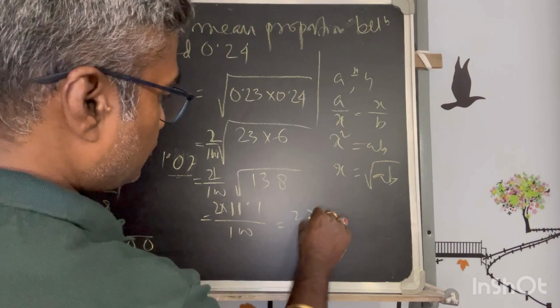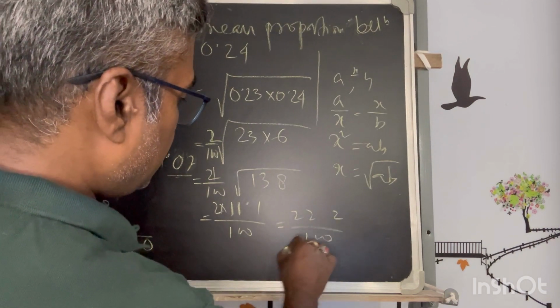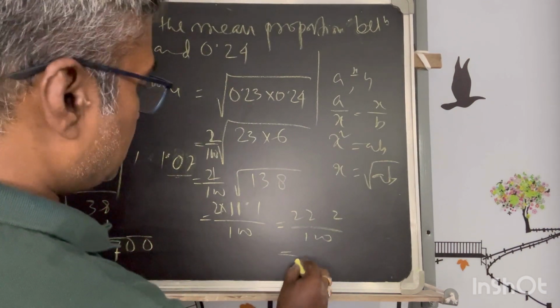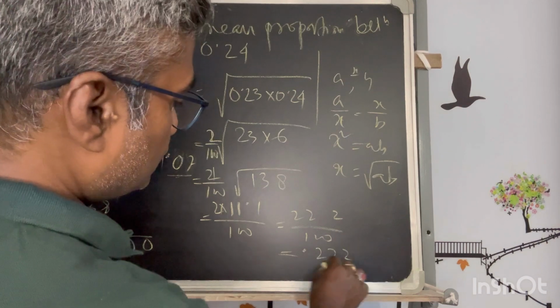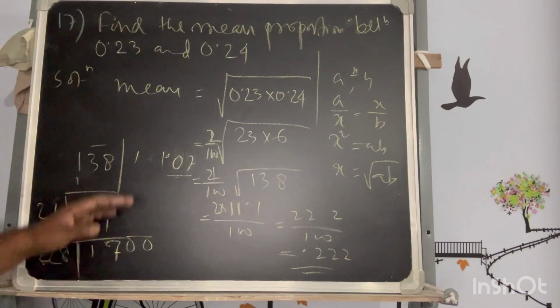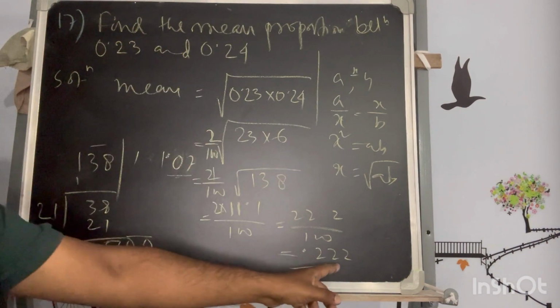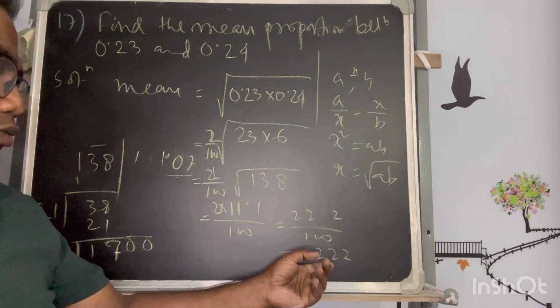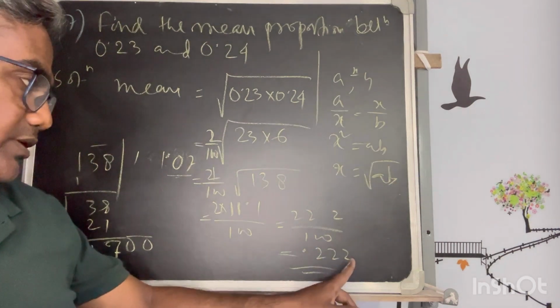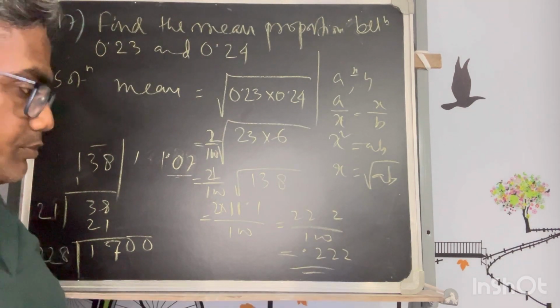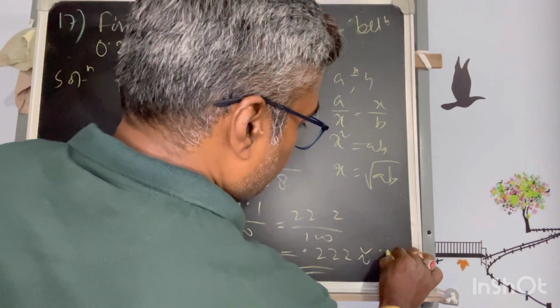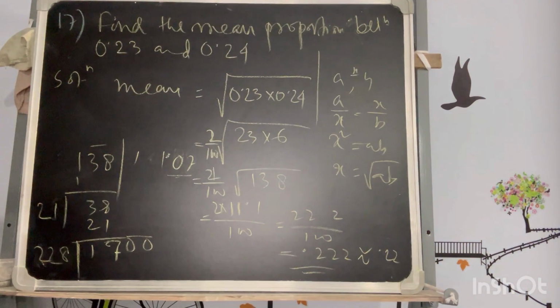So this is 22.2 by 100, all along it will be 0.22222. So this will be the answer for the mean between these two. As an approximation you can take 0.22, because the next digit is less than 5, so it cannot be rounded up. So approximately take 0.22 as the mean between these two numbers.